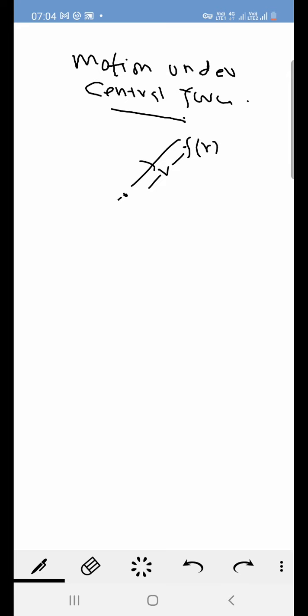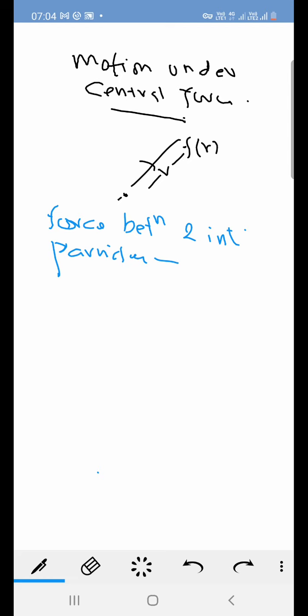There are two main features of central force.